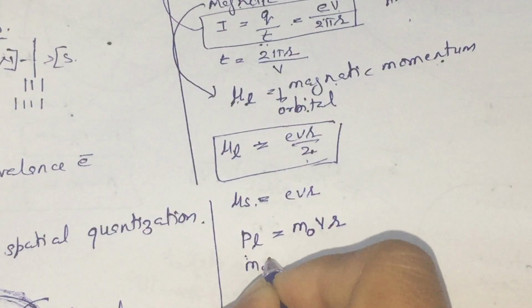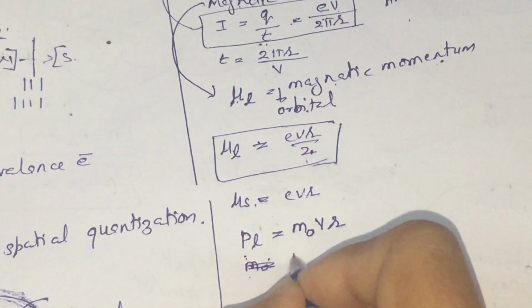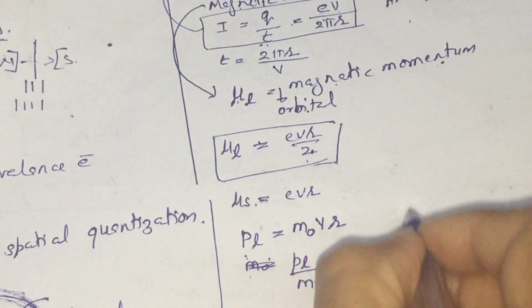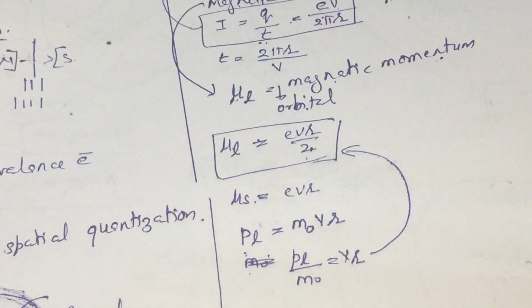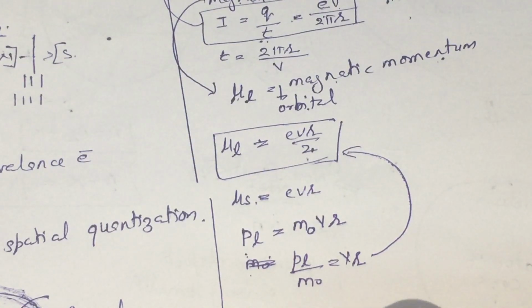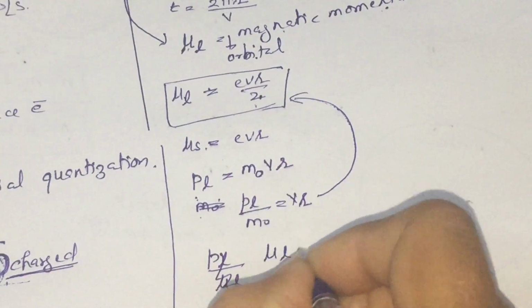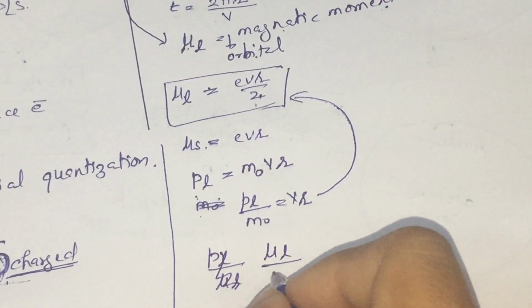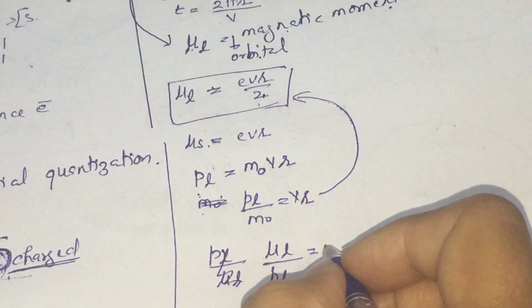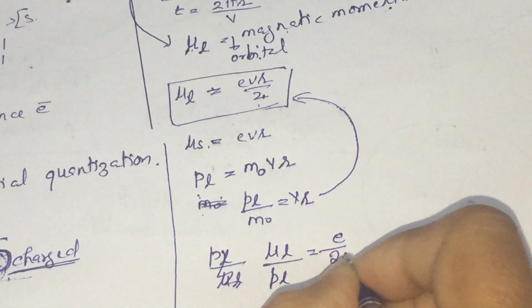From here, PL divided by m naught is equal to v r, and if we put this relation in the above, we will get PL, that is mechanical momentum, and the magnetic momentum divided by our orbital momentum.